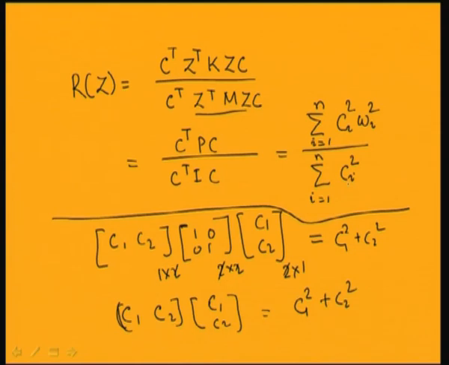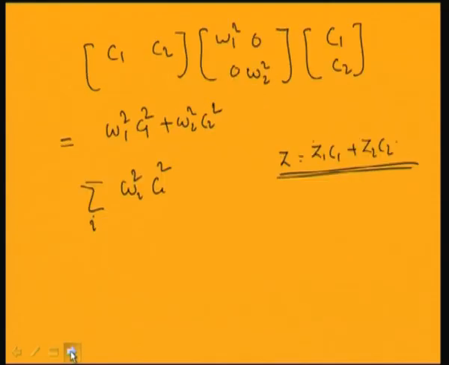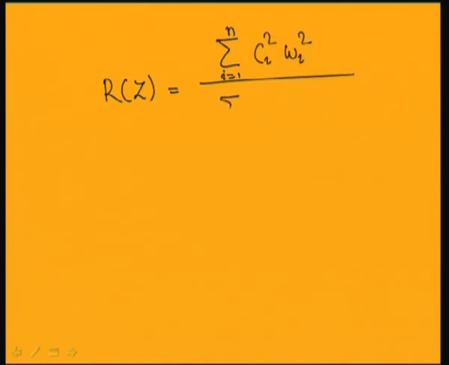Now, let us assume that we have made some error in assuming this z. Already you know that this Rayleigh quotient is written in this form: i equal to 1 to n, Ci square omega i square, divided by Ci square.